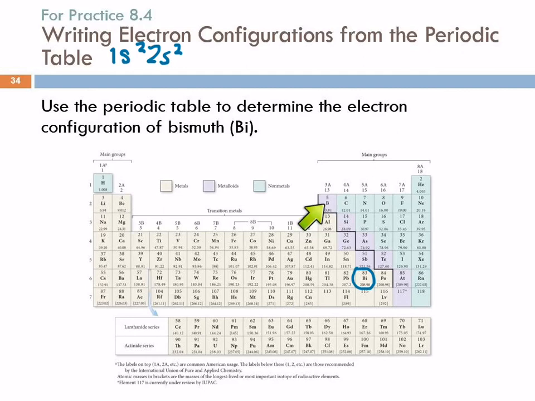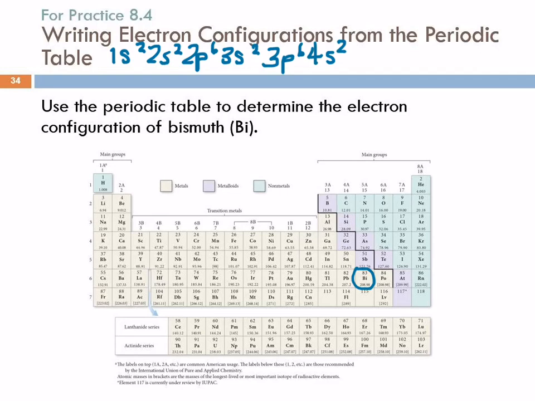And then over here, 2p6. And we come over here, 3s2. We continue across, 3p6. This is 4s2.